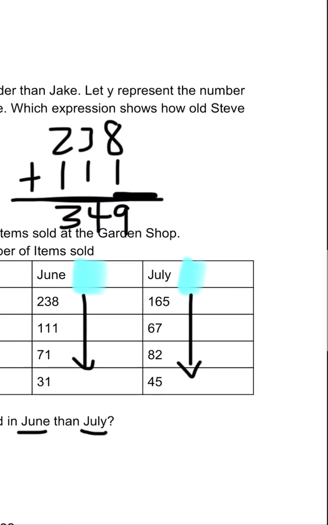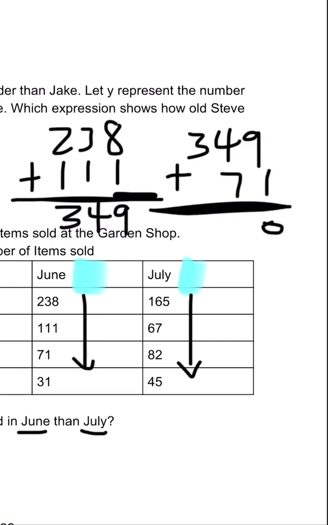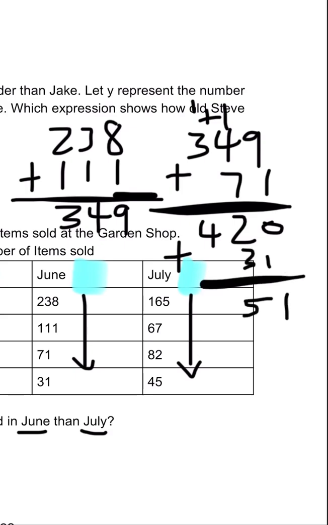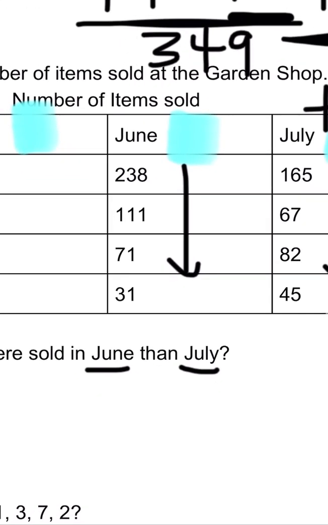So we'll do 349 plus 71, 10, carry the 1. So 420 plus 31 is going to be 451. So we'll write that down here.